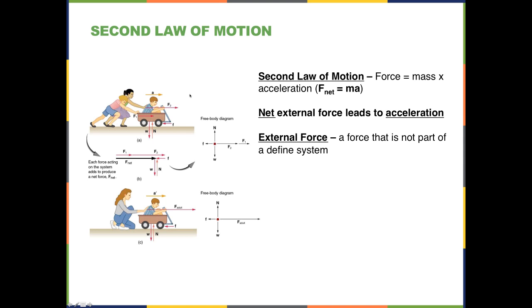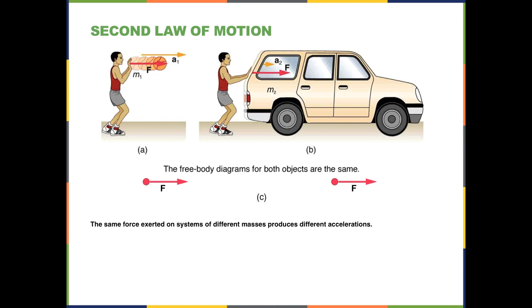Now, since my computer seems to want to go to the next slide, let's go to the next slide. The purpose of this slide is to show what happens if the same force is exerted on two different objects of different masses. If a basketball player pushes a basketball to make a pass, and the mass of the basketball is m1, then you achieve a certain acceleration, a1.